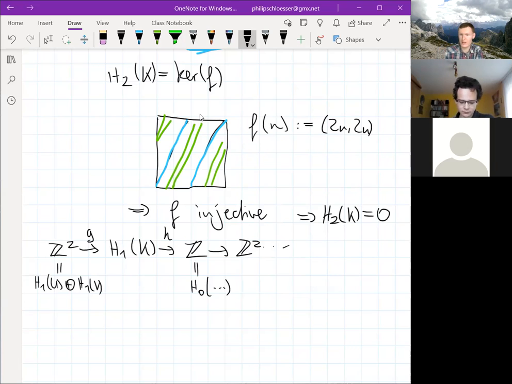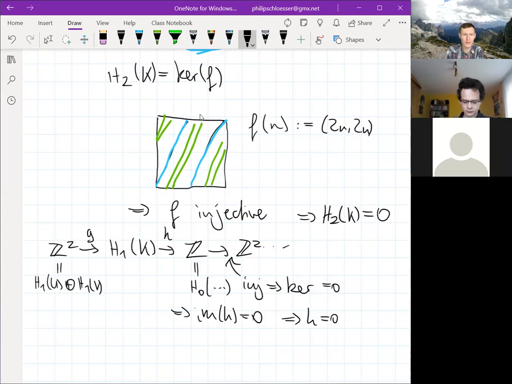Now note that these maps here are injective, I think. So that map here is injective, so its kernel is 0, meaning that the image of H is 0. So H is just the 0 map.